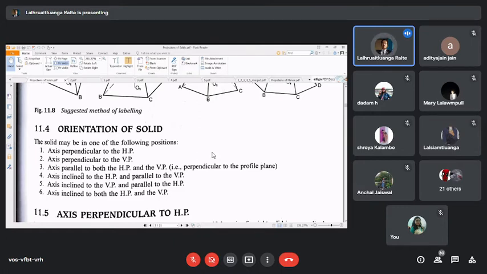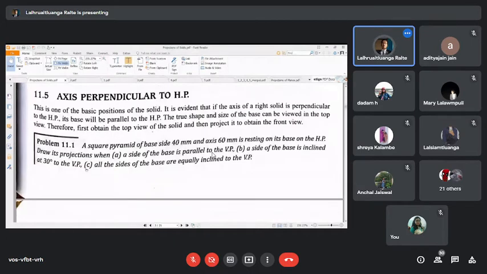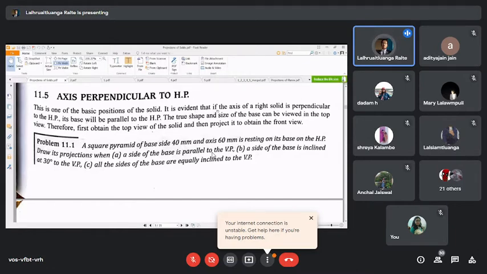The first orientation we have is the axis of a solid perpendicular to the horizontal plane. HP means horizontal plane. So this is one of the basic positions of the solid. It is evident that if the axis of a right solid is perpendicular to the HP, its base will be parallel to the HP. All right. So whenever the axis is perpendicular to the HP, the base is going to be parallel to the HP.